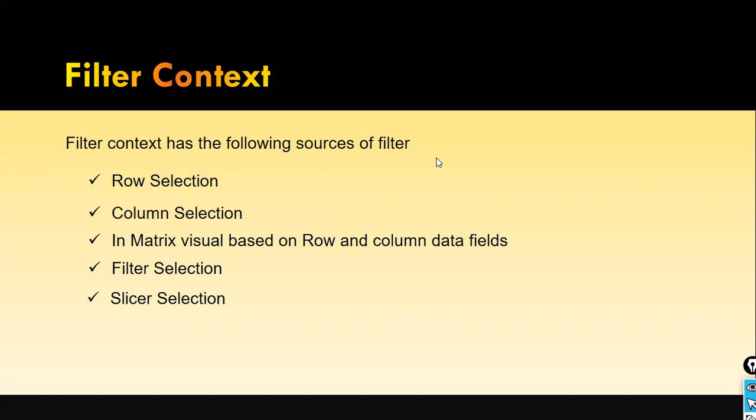So these are the different sources of filters that get applied on your data, in addition to the DAX formula. Remember: row selection, column selection, filter selection, slicer selection, DAX formula filters. Here also the row and column.